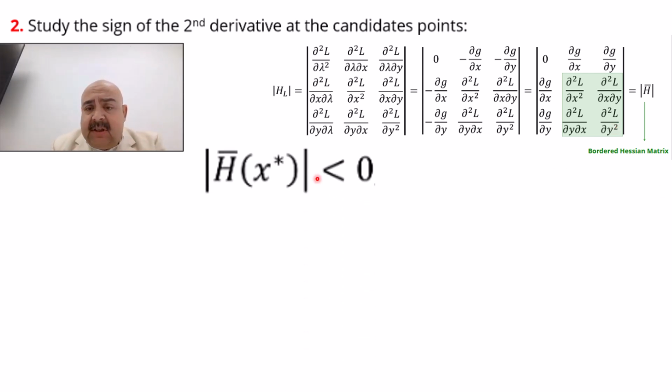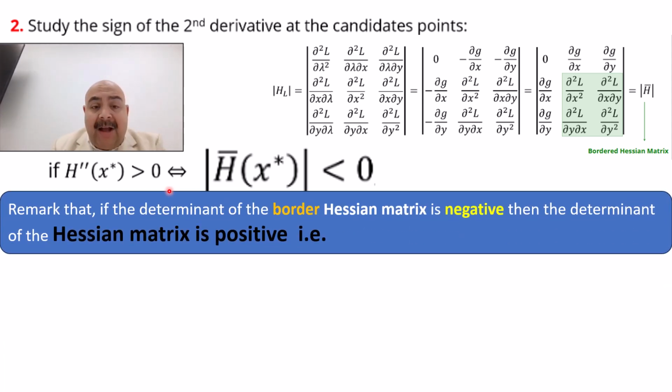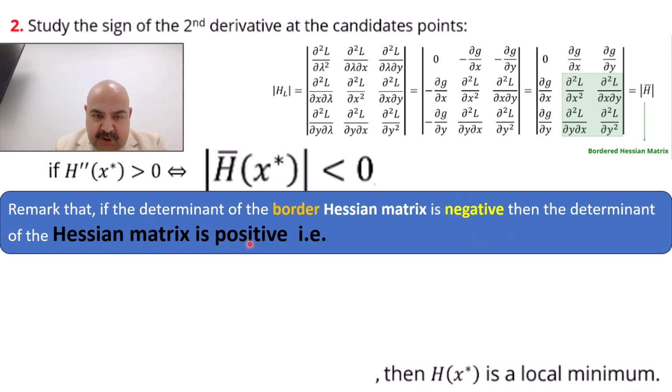Okay, this is the sign of the determinant of the border Hessian matrix. If it is less than 0, remark that the determinant of the Hessian matrix will be greater than 0, and so we will have our classification. So if the determinant of the border Hessian matrix is negative, then the determinant of the Hessian matrix is positive.